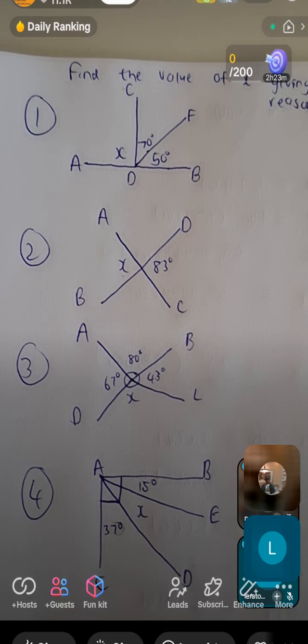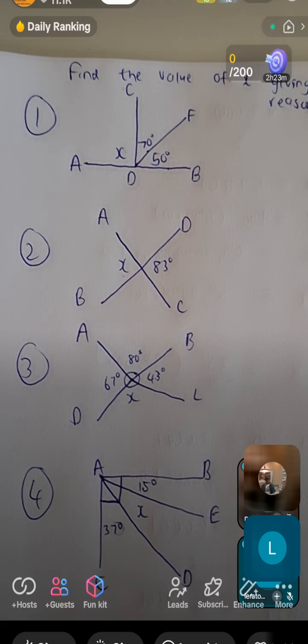Then number three is the same thing, but x equals 80 degrees. All right, hang on there. You said x is equal to 80 degrees, and your reason is vertically opposite angles. Let's look at the diagram one more time.